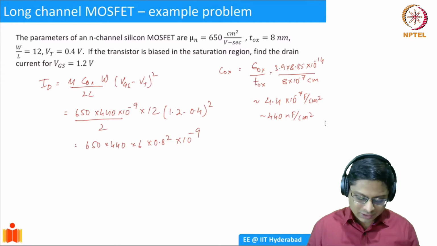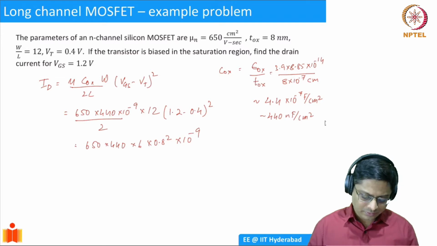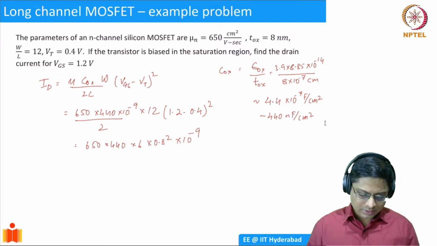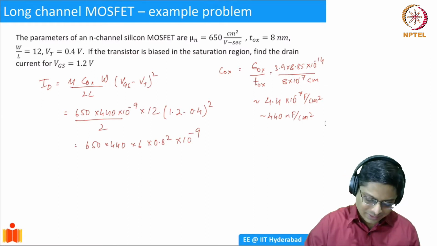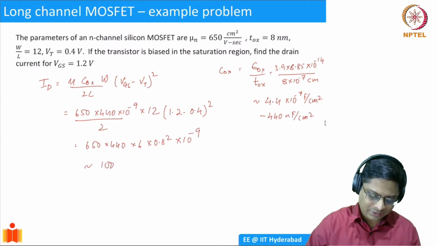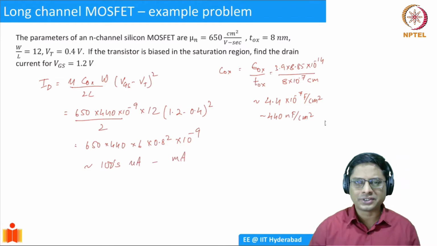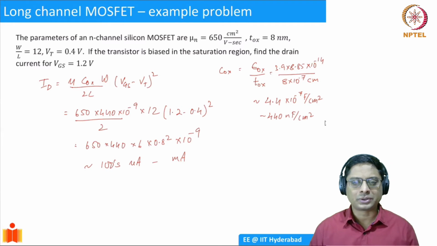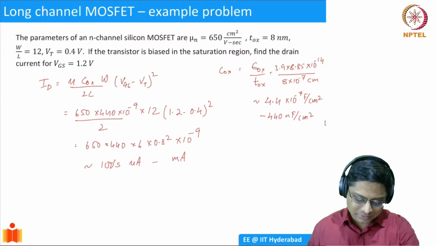Well, it will be 6 into 4, which is 24, into 6. When you calculate, it will be something in the range of hundreds of microamps to milliamps, something in that range. You'll just substitute and check this out. I'm not very sure how much is the number, and there's no point in me exactly taking a calculator and trying to do it.